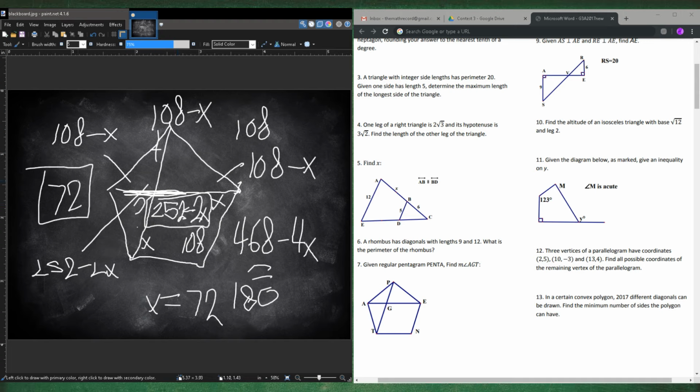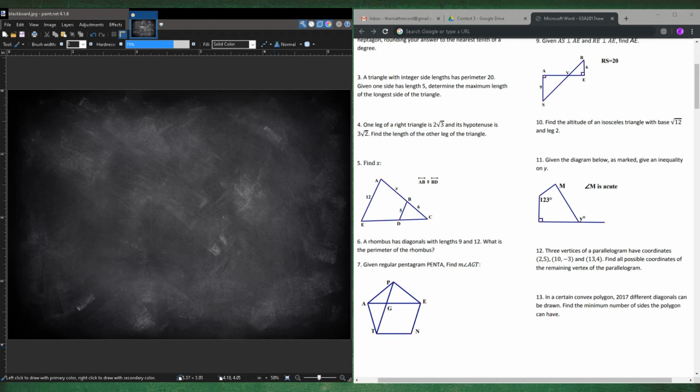So the answer to number 7 is 72. There probably is another way to prove this without doing all the math, by proving that angle N and angle G are the same. Then you could find this angle because you already know this is 108, so this will be 72.